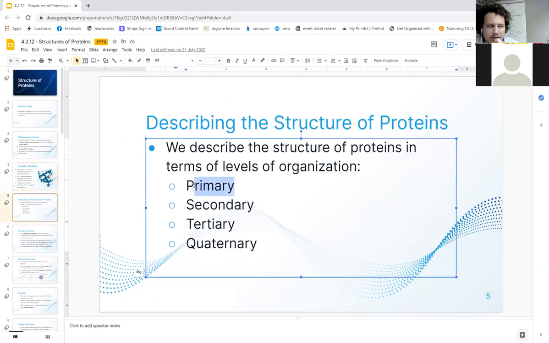So we have primary, and everyone, if you've got a page there, just draw 4 headings, split your page into 4.